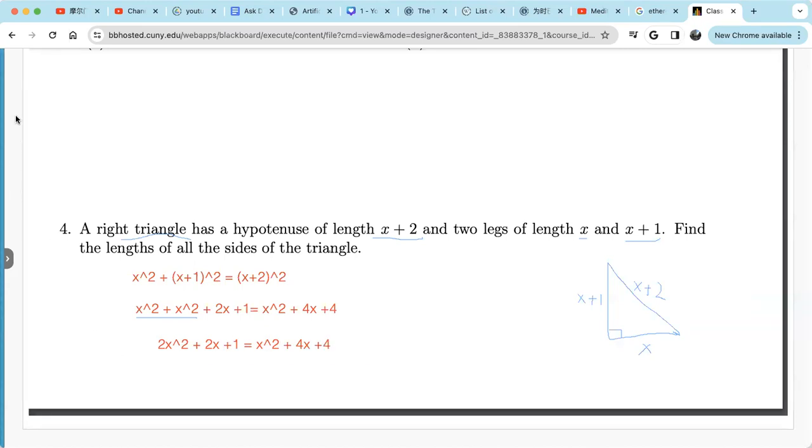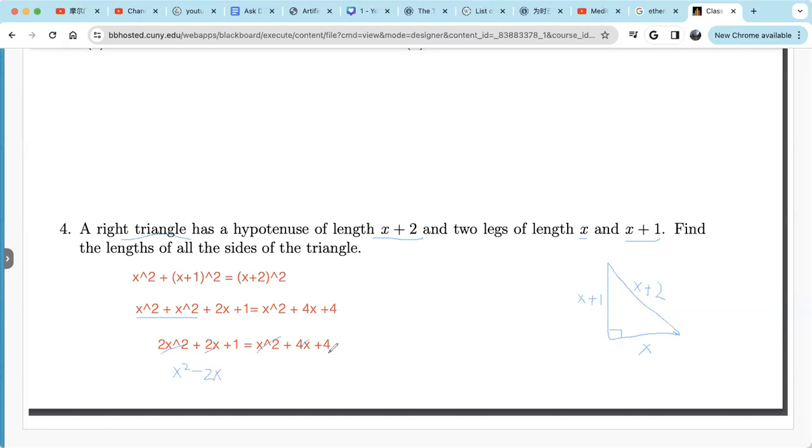Then we move everything to one side. Or we can think we subtract x squared on both sides. 2x squared, subtract x squared, we get x squared. Then we have 2x minus 4x, that's negative 2x.